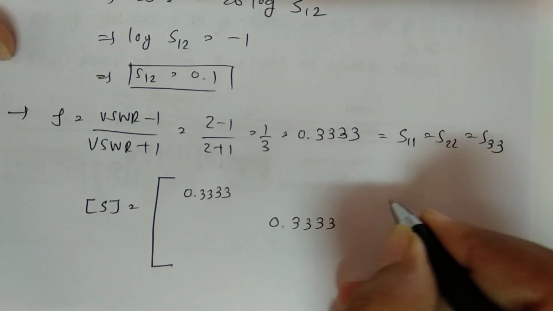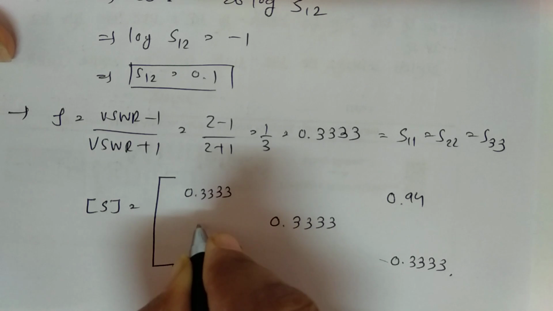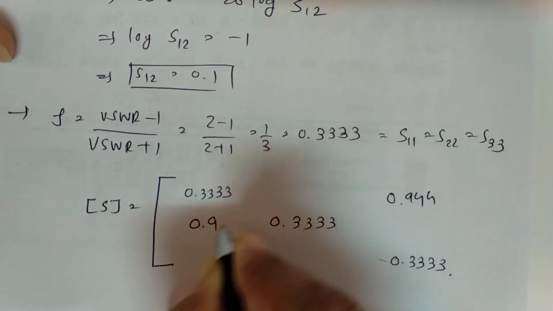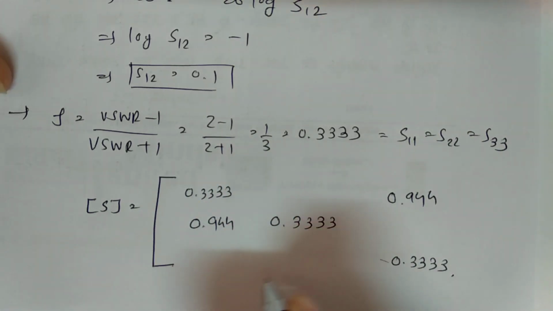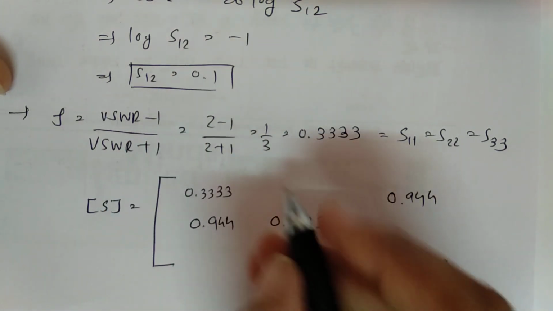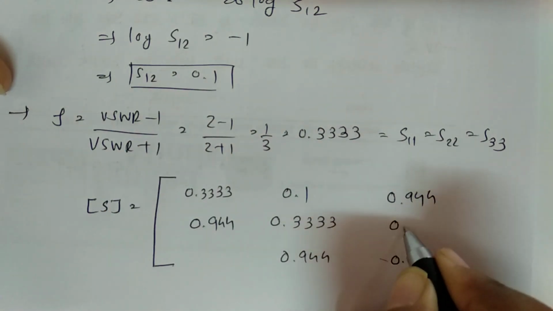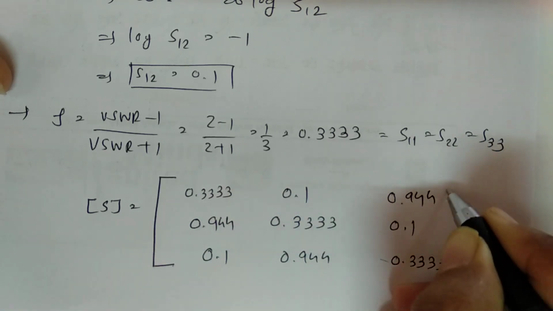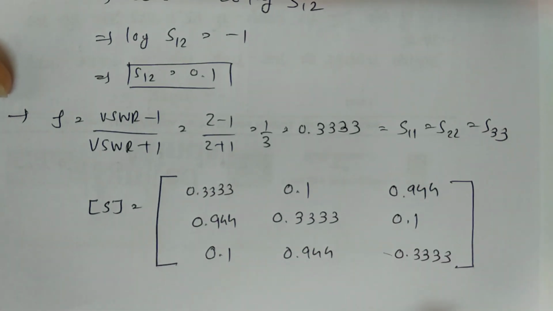So here the straightforward signal is 0.944, and this is also 0.944. And isolation has a scattering parameter of 0.1. So this is 0.1, this is 0.1, and this is 0.1. So this will be the scattering matrix for this circulator.